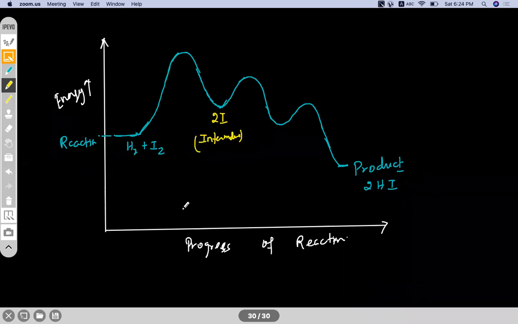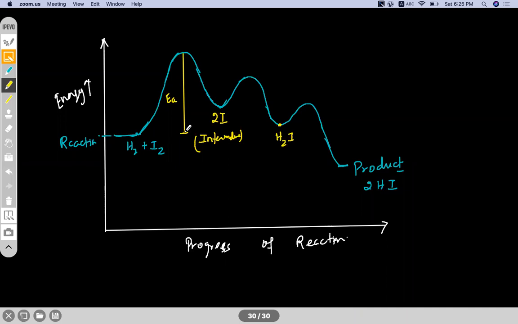One general graph also I'll draw. Then this I reacts with H2 and forms a second intermediate, which is H2I. This H2I again reacts with I and converts into this. Now you see one thing here. This energy gap from here to here is the activation energy for the first step, EA, the energy of reactant to the activated complex.